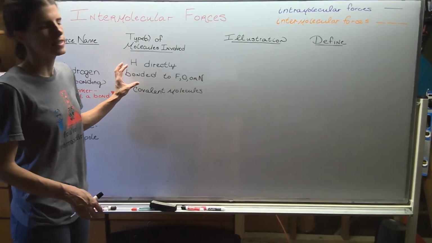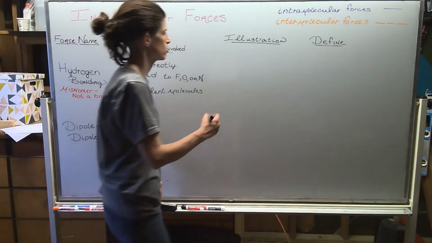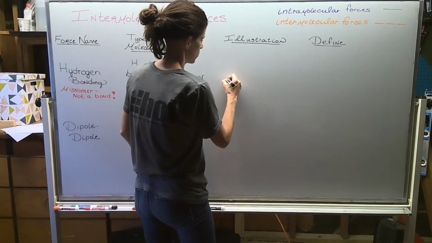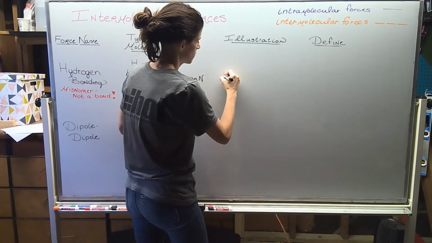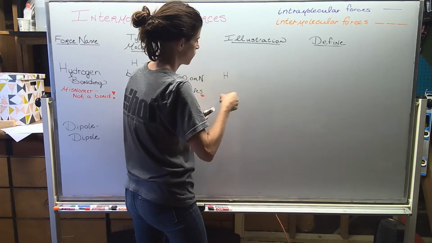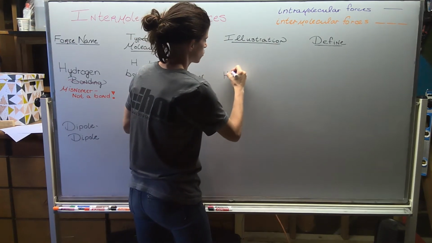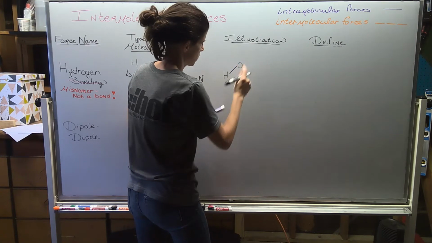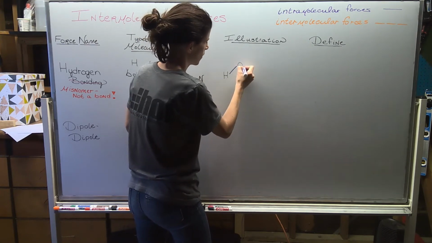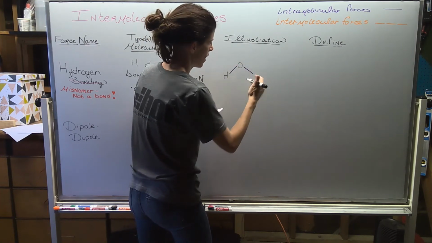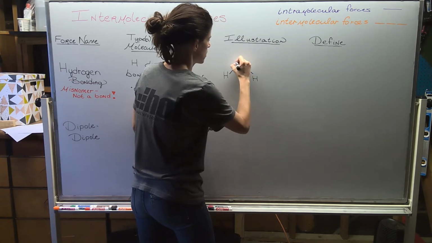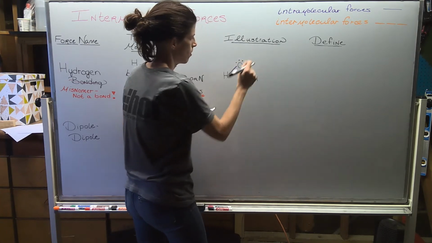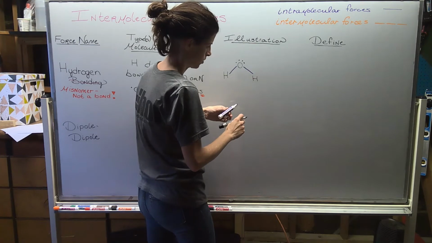So water exhibits hydrogen bonding. I think that's the most straightforward example. We have hydrogen, and water is covalent, so I'll do the intramolecular forces in purple here. It's polar covalent, and we know that the oxygen is going to have a negative dipole associated with it.